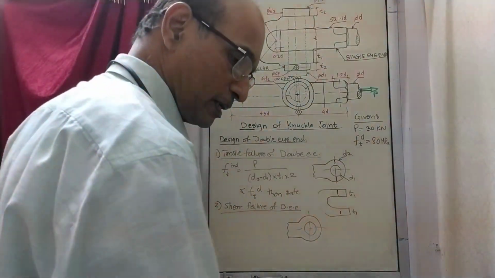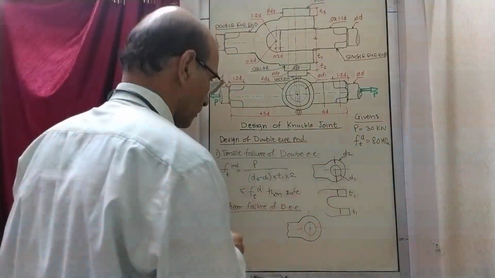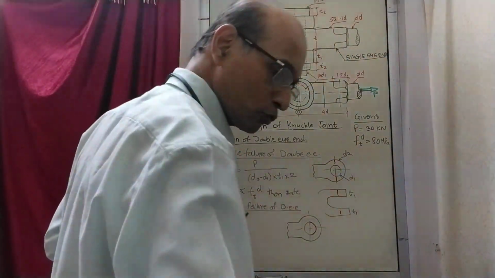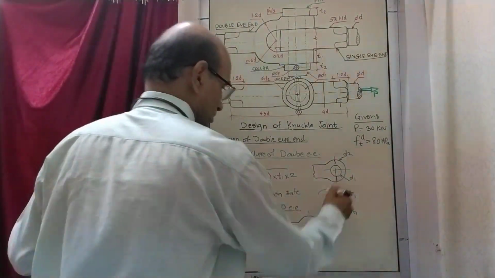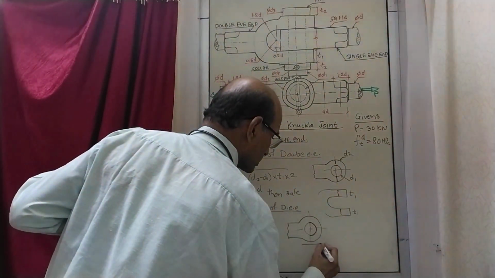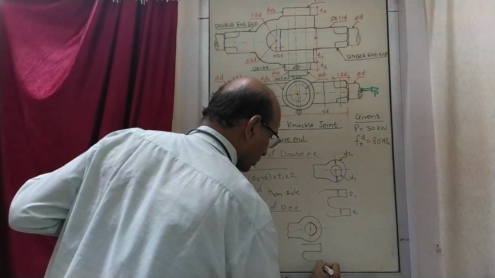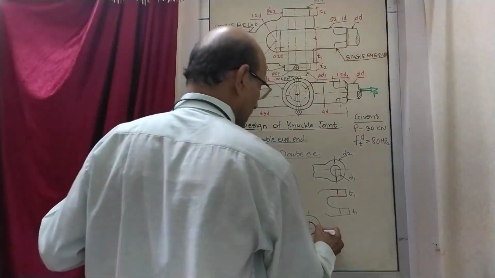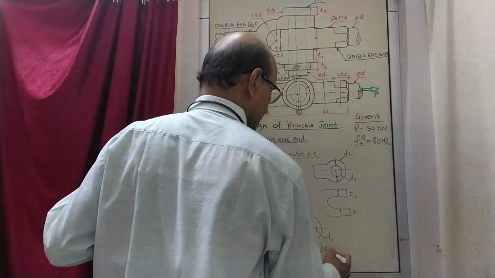And then the resisting area is here, and it is twice because it has got one side like this and then one more fork end like this. So twice it is, and same like projected area, this is diameter D1, thickness is T1.